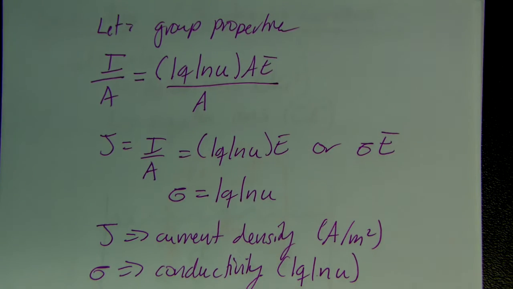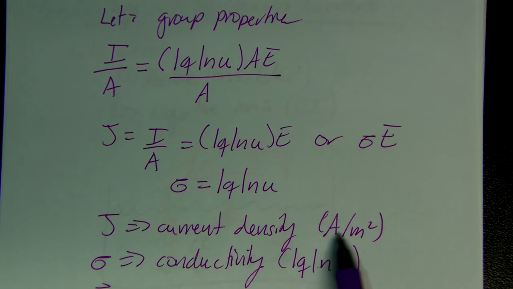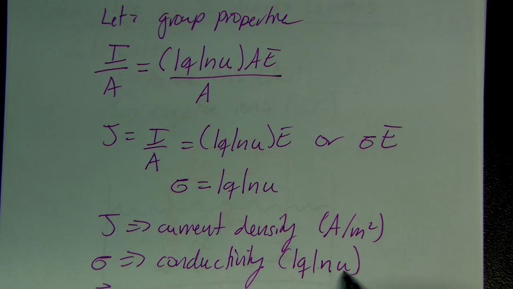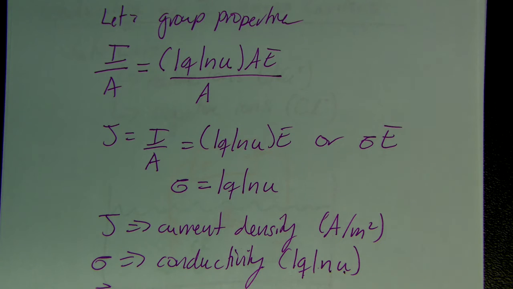So J is actually a really important concept. It's current density. The units are amps per meter squared. Sigma is the conductivity, and that's the charge carrier times the number density times the electron mobility. So these are the unique material properties, also with some conditions thrown in there. What I mean by conditions is temperature impacts electron mobility.